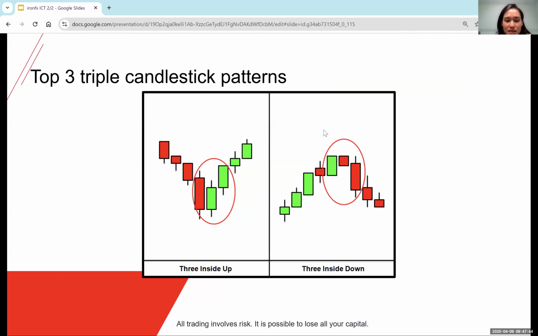Okay, and lastly, before I jump into the charts, we have the three inside up and three inside down. These again are reversal patterns. The first two candlesticks, the closing price is typically around the same.